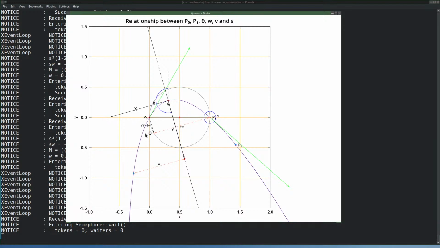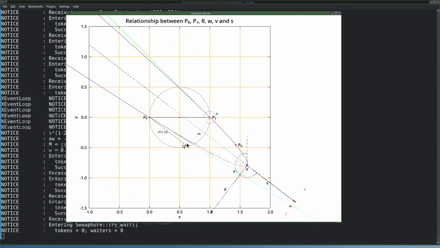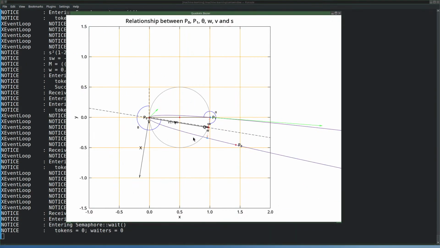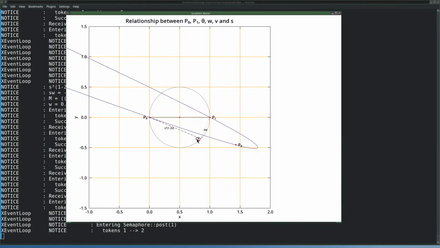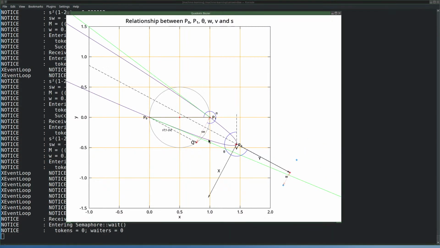It even becomes the in-between point here.